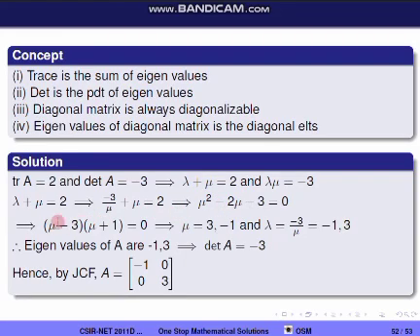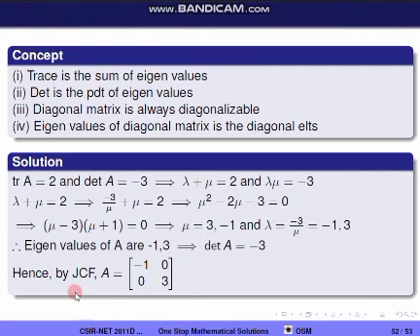So when we use that, we'll get (μ − 3)(μ + 1) equal to 0. That is μ is equal to 3 or minus 1. So when we get μ, we substitute it in this equation to get λ. So λ is equal to minus 3 by μ, which is equal to minus 1 or 3. Therefore, the eigenvalues of A are minus 1 and 3. So determinant is the product of eigenvalues. So determinant of A is equal to minus 3.